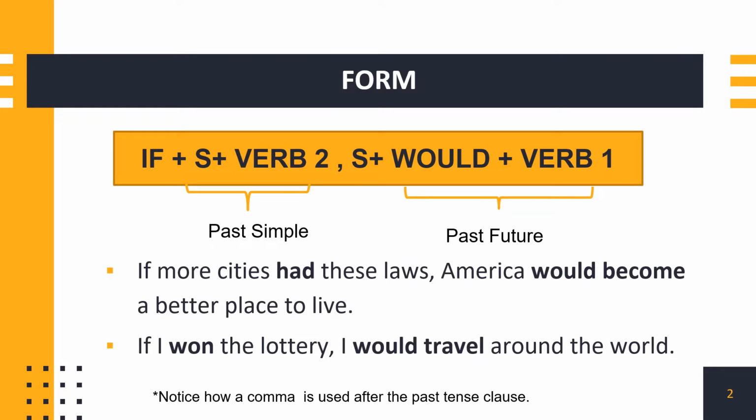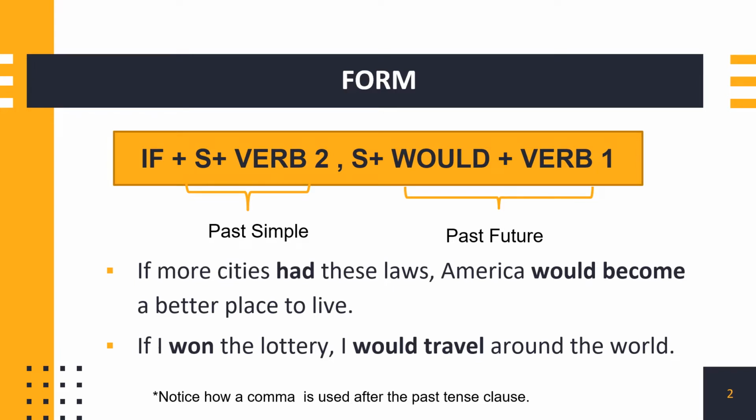First, we will see the form of second conditional sentence. The form consists of if clause and main clause. If clause should consist of if plus subject plus verb 2. So if clause is using past simple tense.